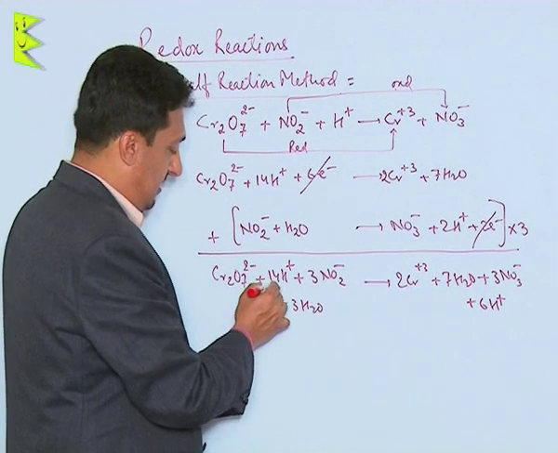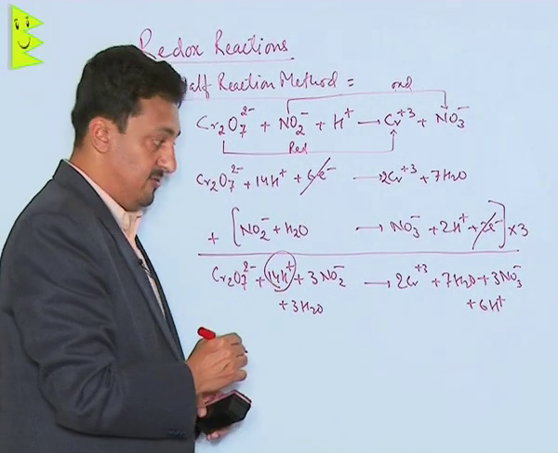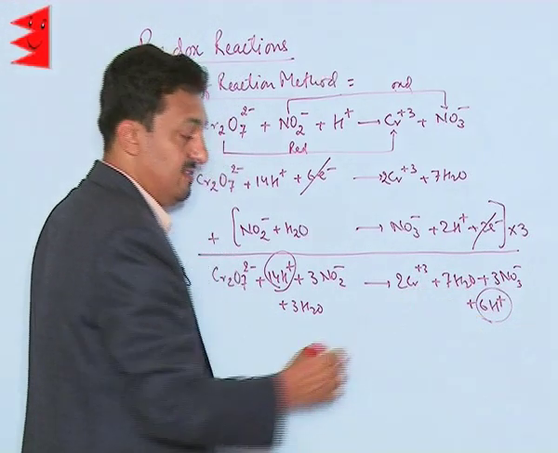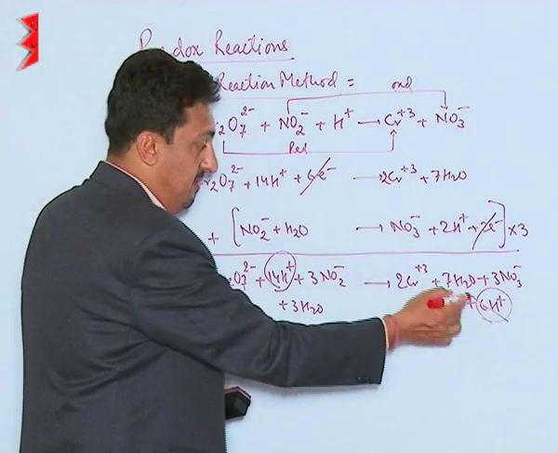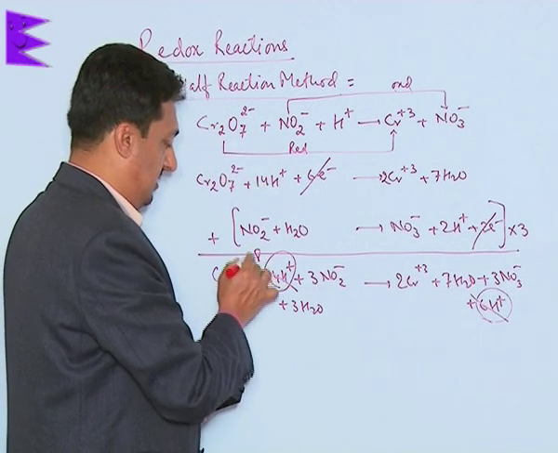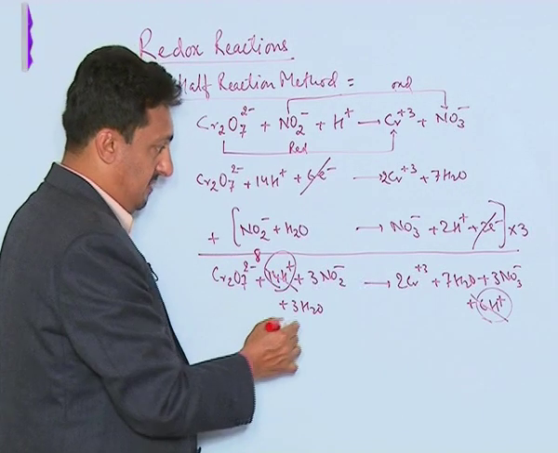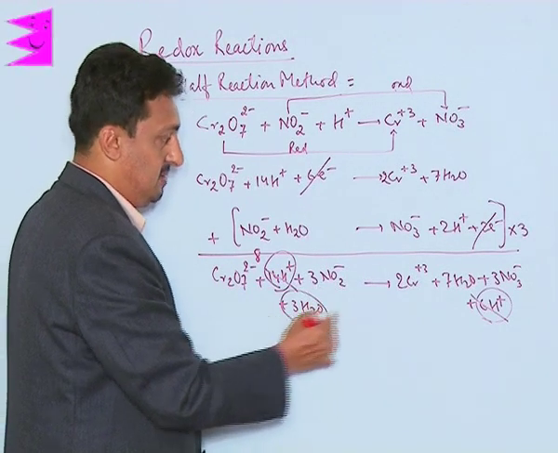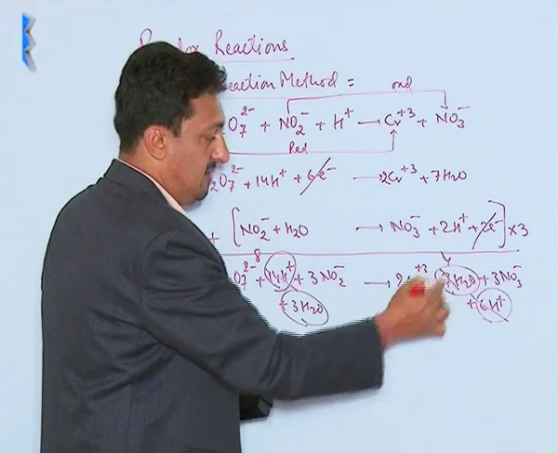Now you can see here 14 H plus ions are consumed, 6 H plus ions are produced, so net will be how much? 8. Similarly, 3 water molecules are consumed, 7 are produced, so net will be 4.